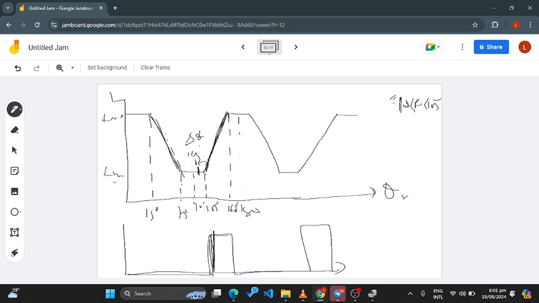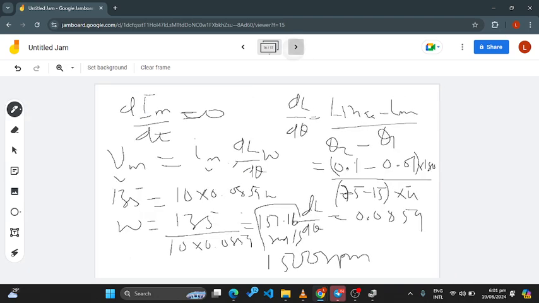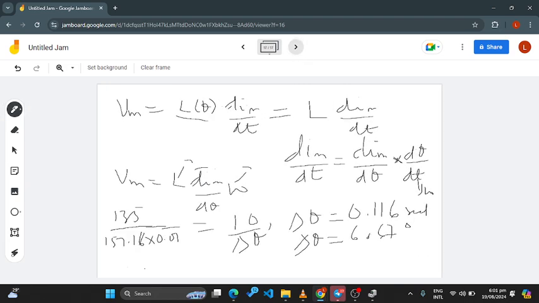If we know from here to here, and we know the final value, to come here we just subtract the change from the final value, and that gives the initial value. So it's 105 minus 6.67, and that will give us 98.33 degrees. That's for that question.